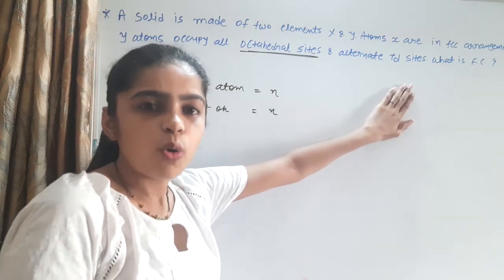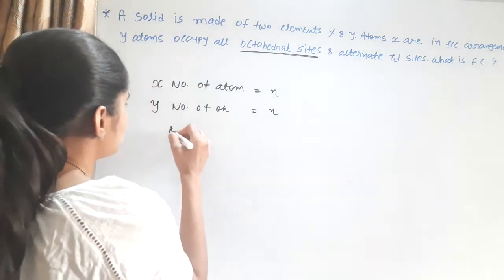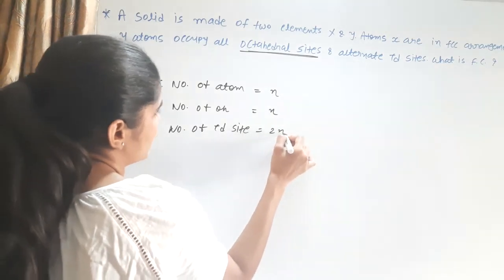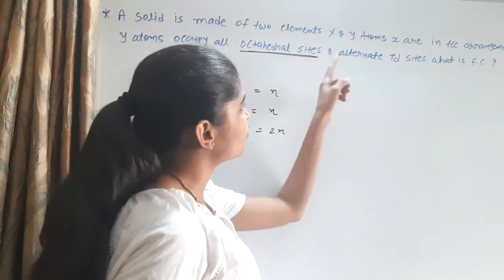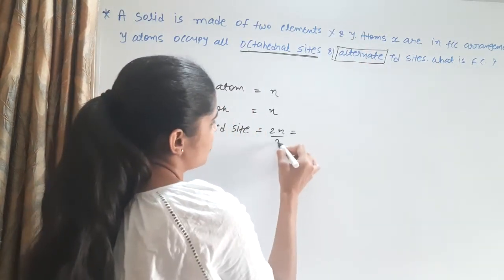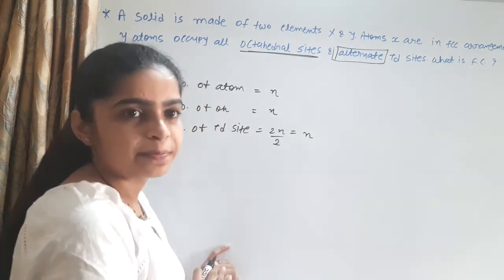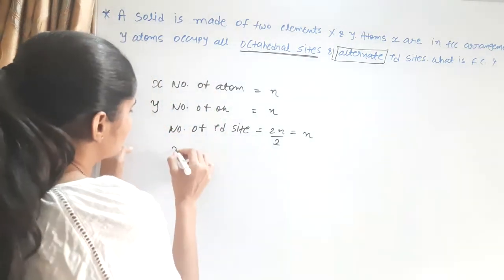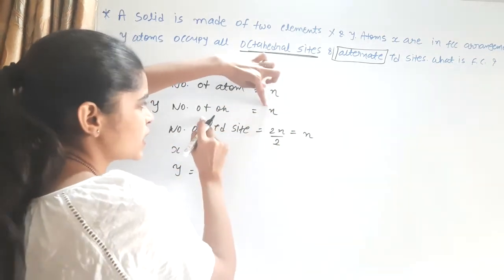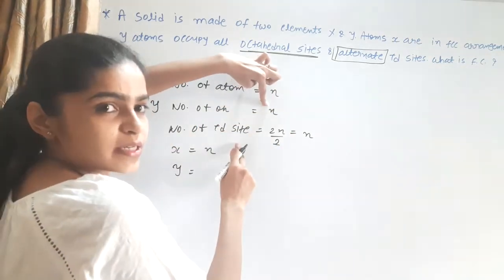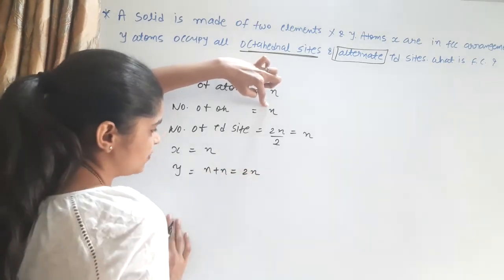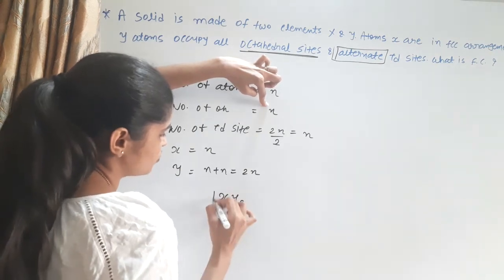When we consider all tetrahedral sites, the number is equal to 2n. But in the given question the word is alternate, that means n by 2 times... equal to n. So X is equal to n and Y is equal to n for the octahedral and n for the tetrahedral. So Y is equal to n plus n, which is 2n. That's formula XY2.